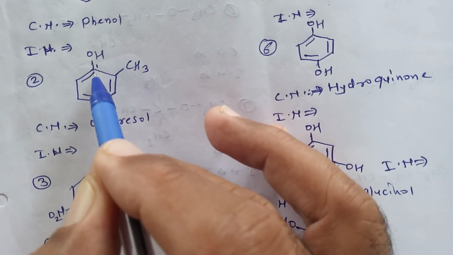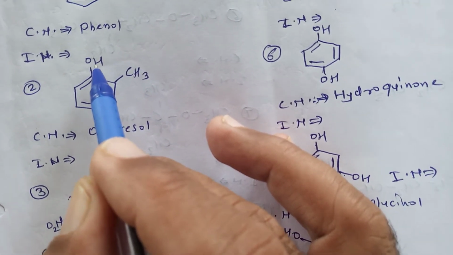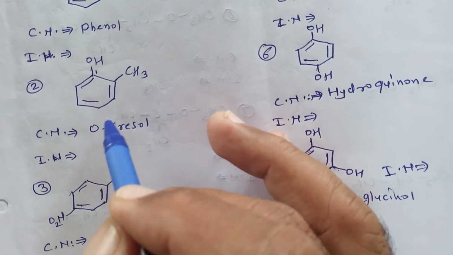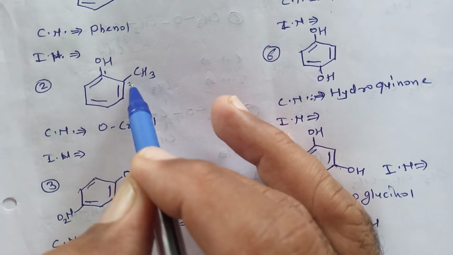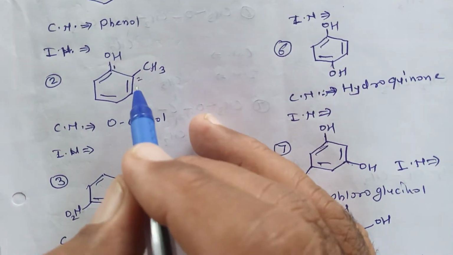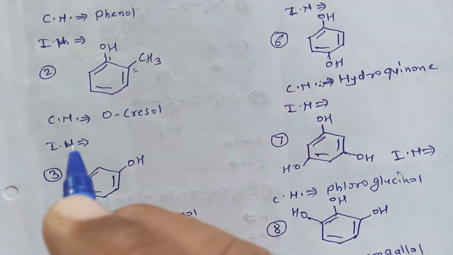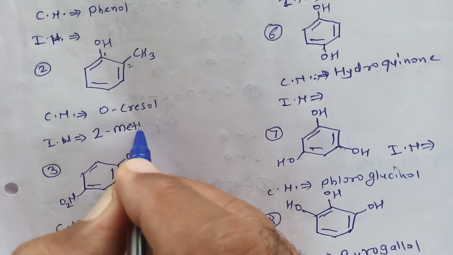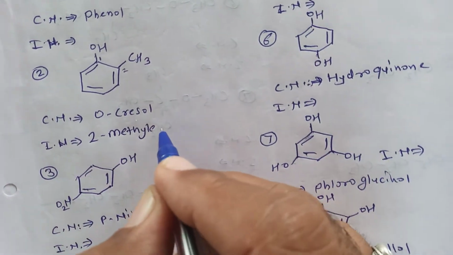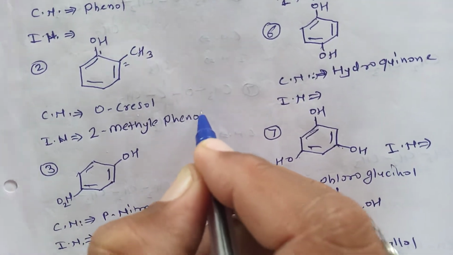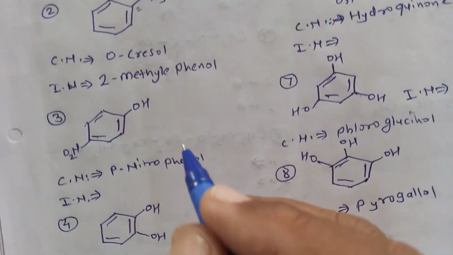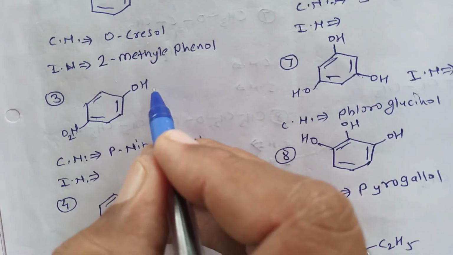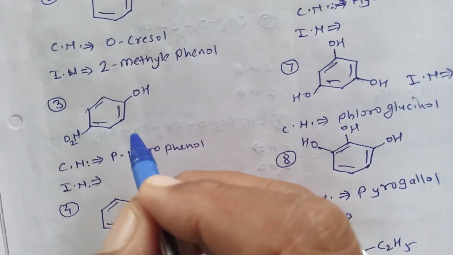That means the number of this carbon is 1. According to the lowest locant rule, numbering from this end, 1, 2. Here at the second carbon a methyl group is attached. So the name of the compound is 2-methylphenol.